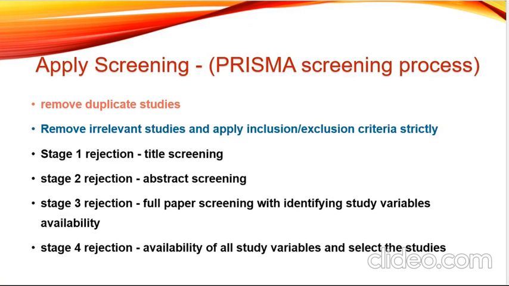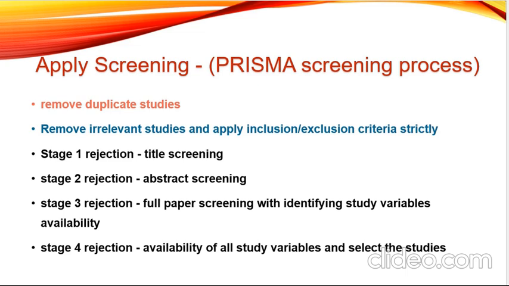You should remove the duplicate studies. Why remove duplicate studies? If you are collecting literature from multiple databases, there is a possibility of collecting repeated studies that you may be aware of or sometimes may not be aware of. In order to avoid that, first of all you should remove the duplicate studies. How to remove the duplicate studies?